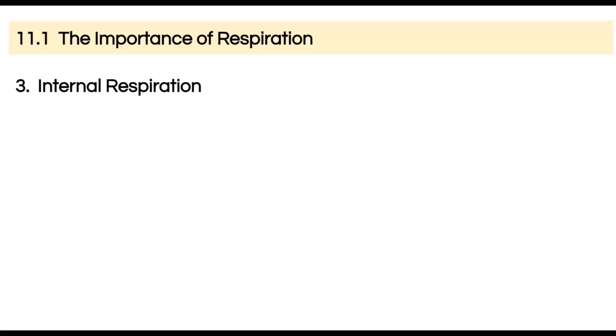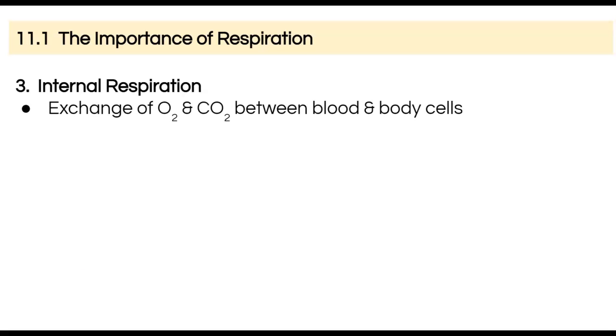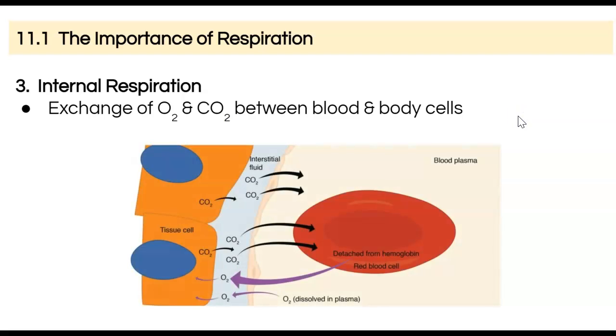Okay, so next we have internal respiration. And internal respiration is, I think, also fairly straightforward. Now we've inspired air containing oxygen. That oxygen has moved from our lungs into our bloodstream, but now we're talking about that oxygen moving into the actual target cells that need the oxygen. So here's a little diagram that I found that I thought might be helpful.